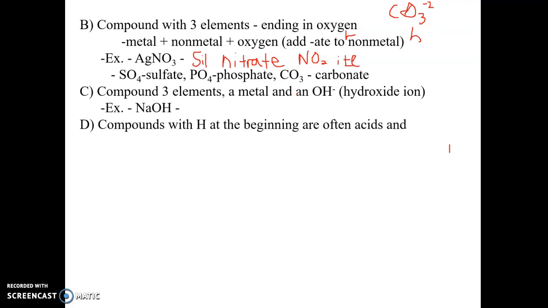All right. Now, the last section is a little bit different. Compounds that start with an H at the beginning are often acids, and they have kind of their own set of rules. So they don't follow the simple rules we have done here. Okay. But they will still work, okay? HCl, according to our rules, if that was a metal and a nonmetal, we would name it for the hydrogen, okay?